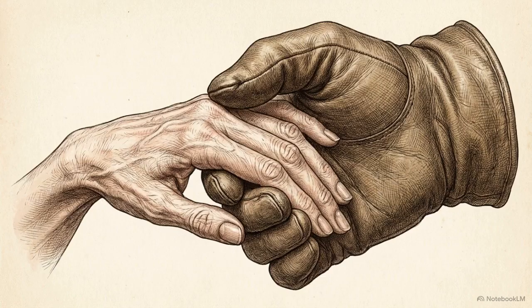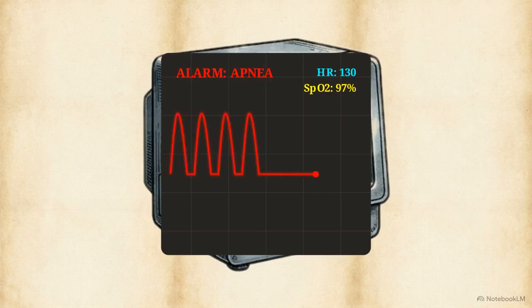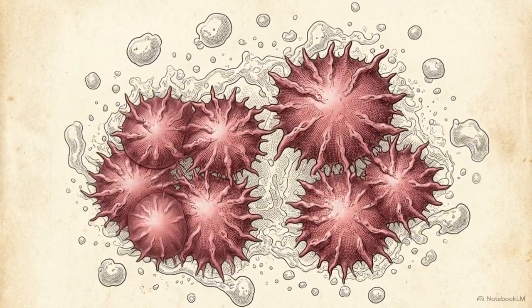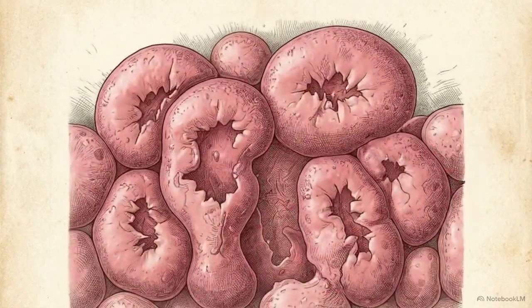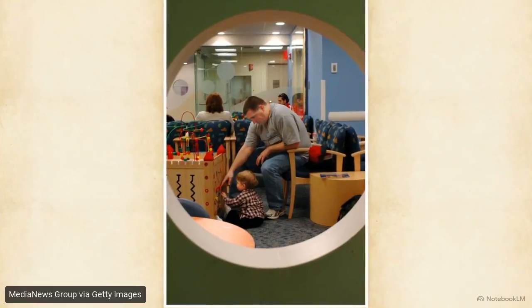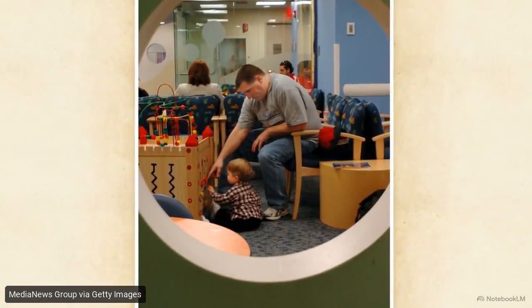We must be especially vigilant with premature infants. Those at a post-conceptual age of less than 48 weeks are at the highest risk for sudden apneic events. The initial diagnosis sets the course, but the patient's physiological response in those first 3 days is what ultimately confirms the pathophysiology.